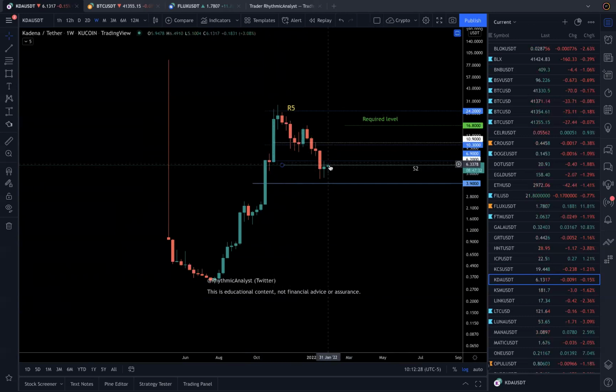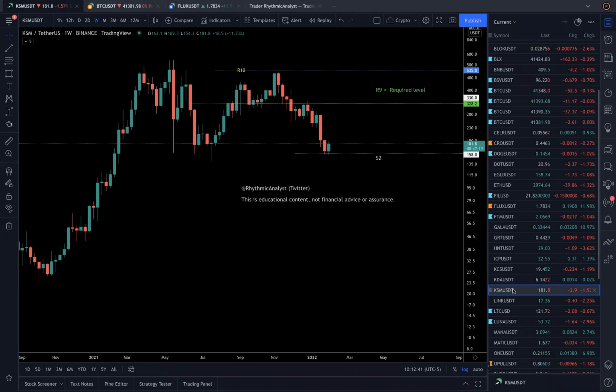So now it's trying to break above the S2 and R3. So this is a big resistance zone. Yeah, since the process of recovery. KSM is bouncing off the S2. That's good to see.